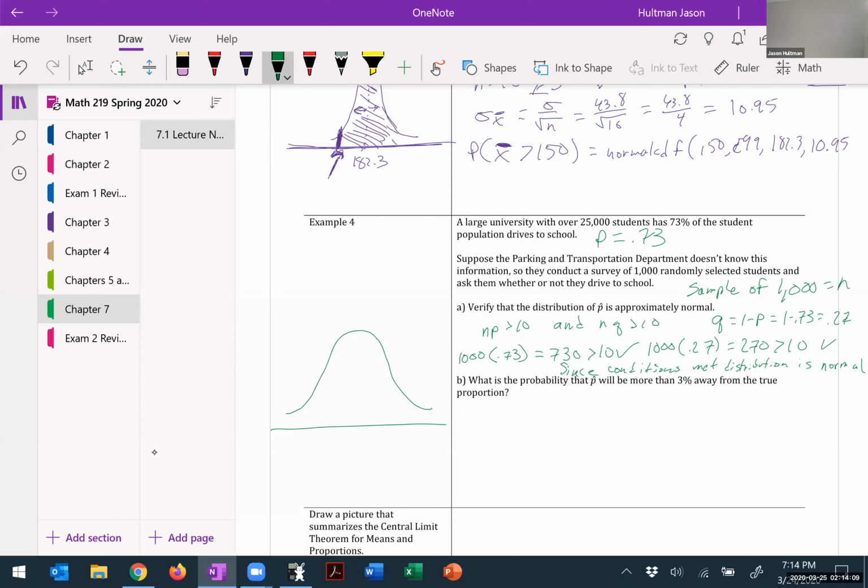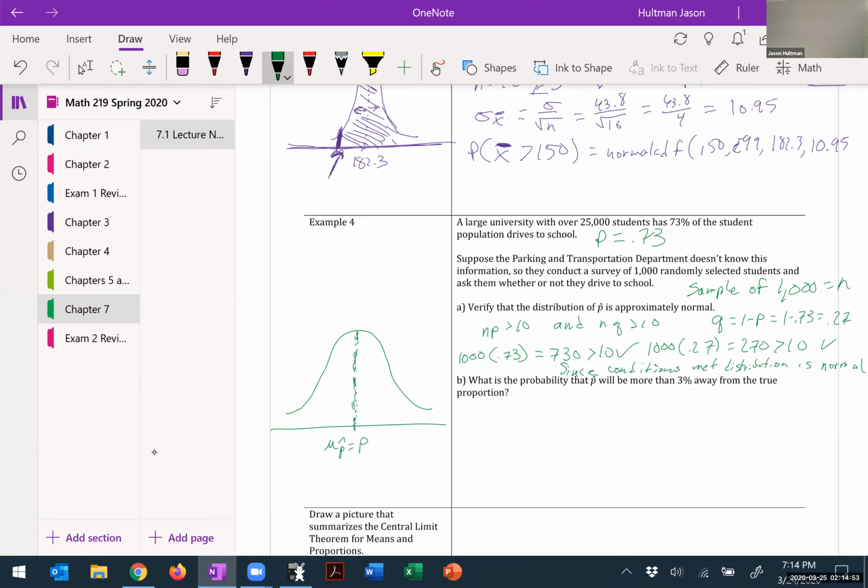We verified that the sample proportion was approximately normal, and now we want the probability that the sample proportion is more than 3% away from the true proportion. The mean of the sample proportions is equal to the true proportion, so the mean of p hat is equal to p.